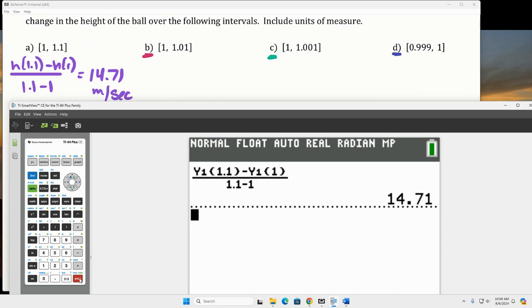So those of you that did B, what did you guys get for your average rate of change? Good. All right, what about C? 15.195. Good. So we should be getting closer and closer to the actual rate of change at that point. And then those of you that did D?